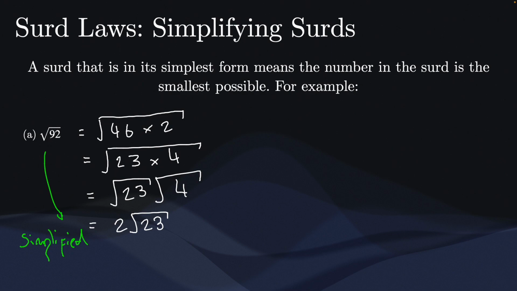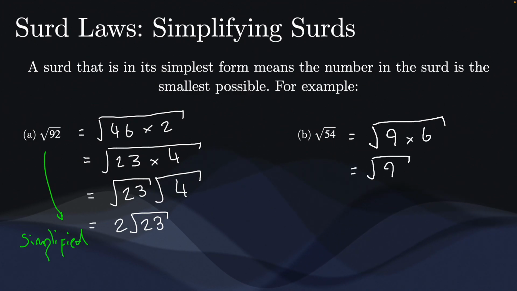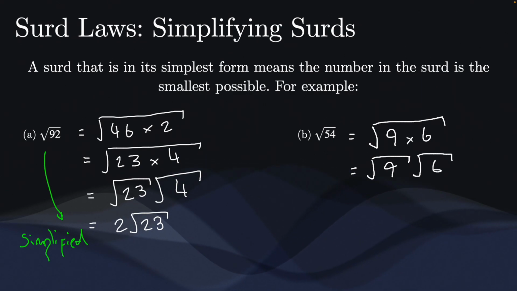Great. Now let's do one more example just to make sure that we're good with this. If we do the square root of 54, well, what is 54? 54 is 9 times 6. So it's equal to the square root of 9 times 6. Again, we can just say that this is the square root of 9 times the square root of 6. And what is the square root of 9? Very easily 3.